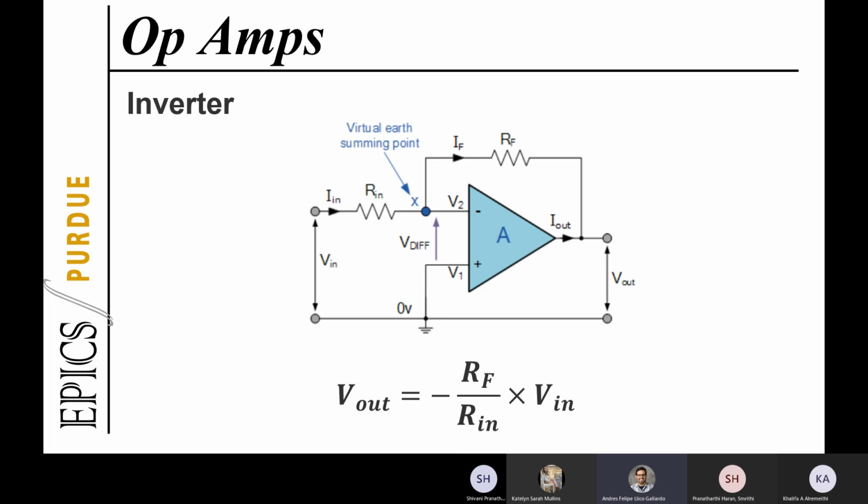So through the resistor RF, there is a loop that is formed such that the current that goes through that resistor is such that the voltage at the point X, where it says virtual earth summing point, is the same as B1, which in this case is connected to ground, so it's 0. I'm going to do everything in my power to make that point 0.